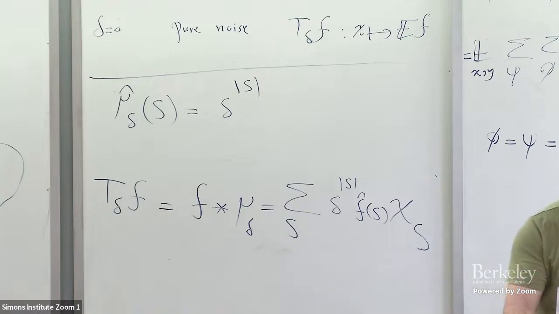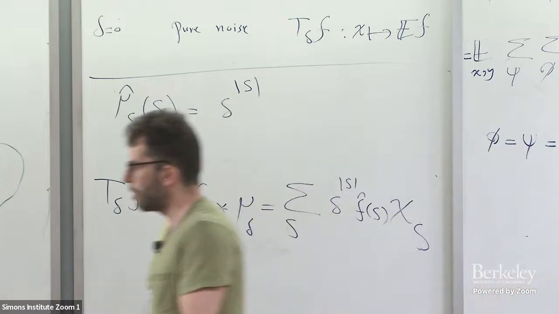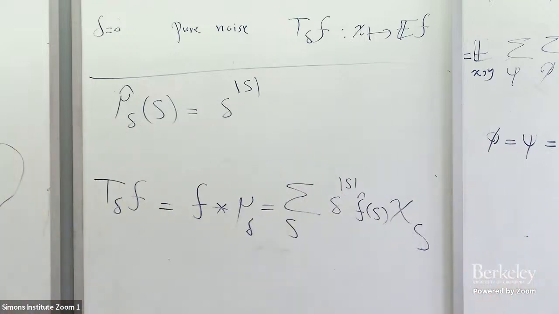Okay, so now I want to move to applications. In the context of theoretical computer science, really the first application everyone talks about is linearity testing, and I'll do the same here.